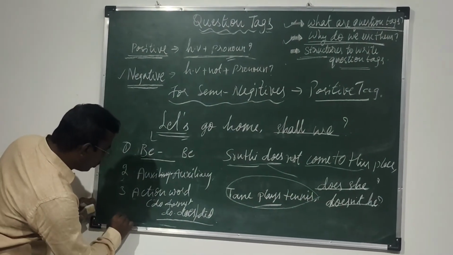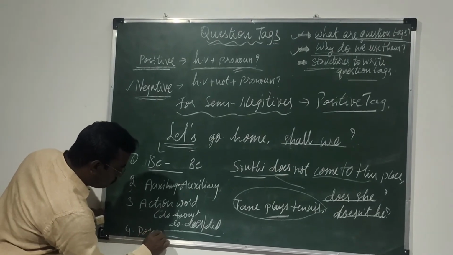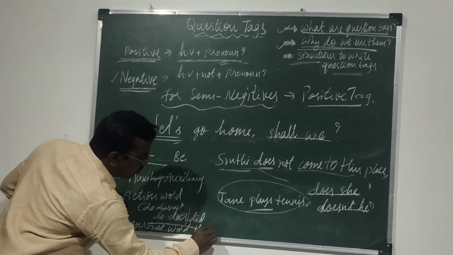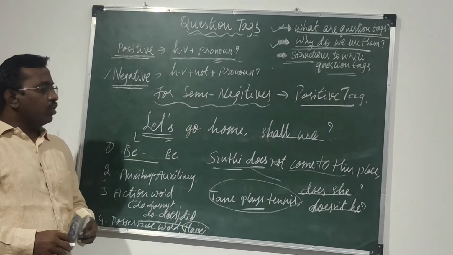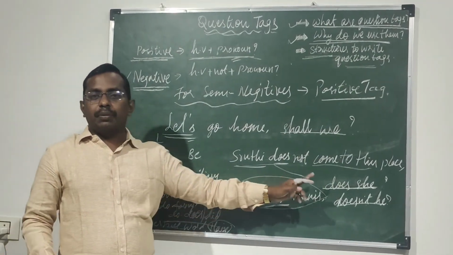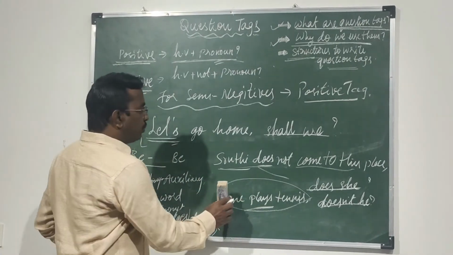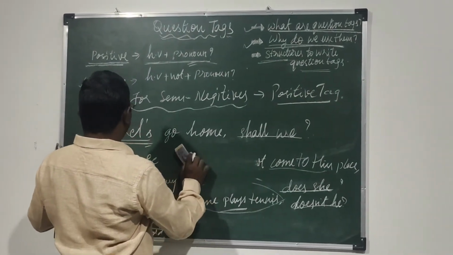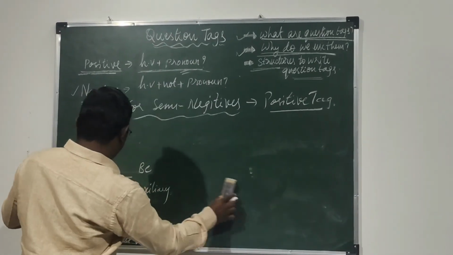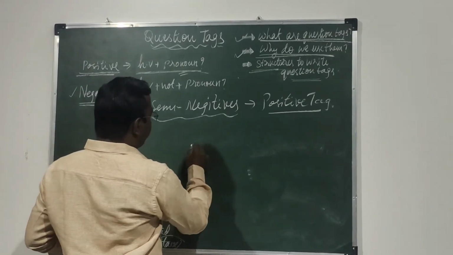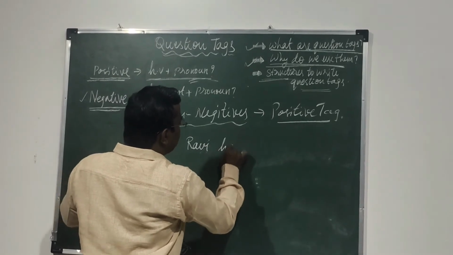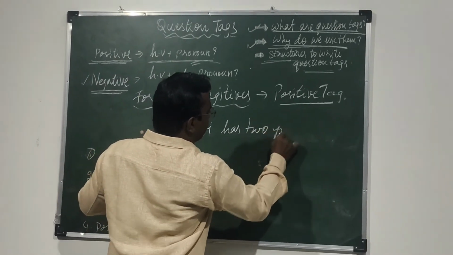If it is a possessive word, which means the have form is used as a main verb, then also take do forms as helping verbs. For example, Ravi has 2 pens in his pocket.